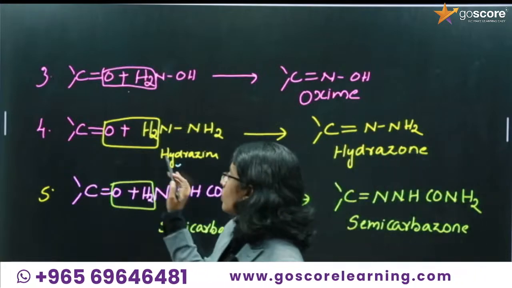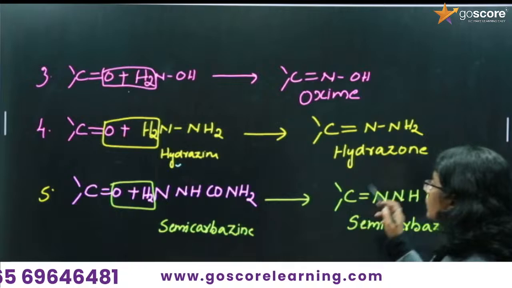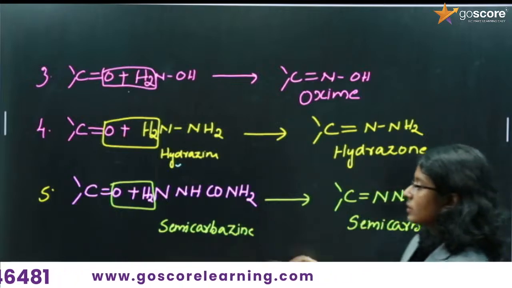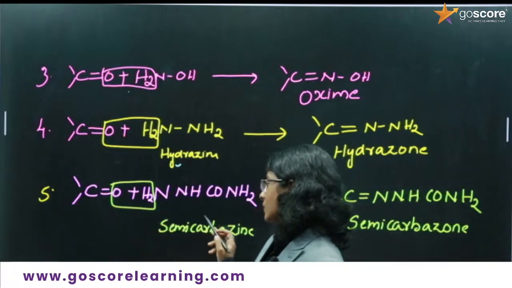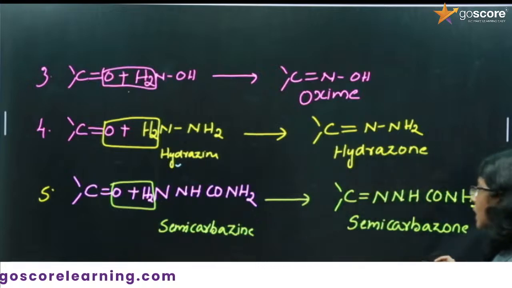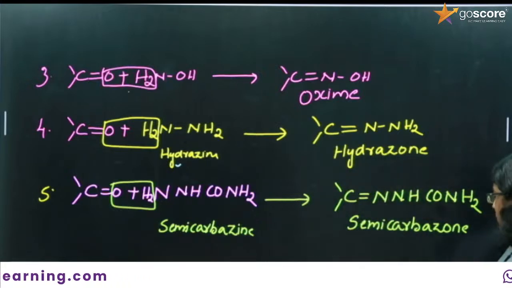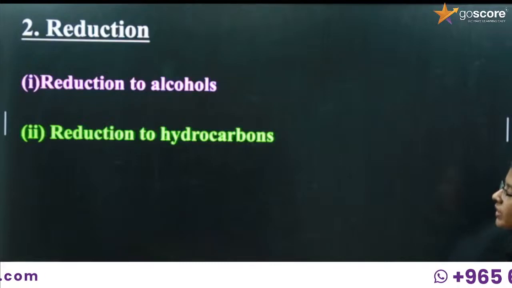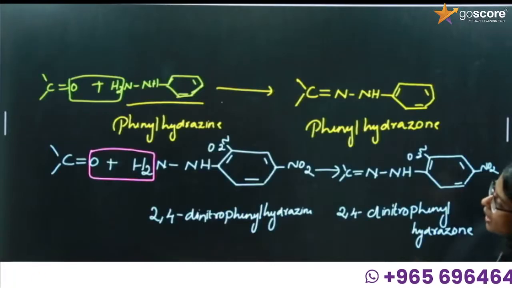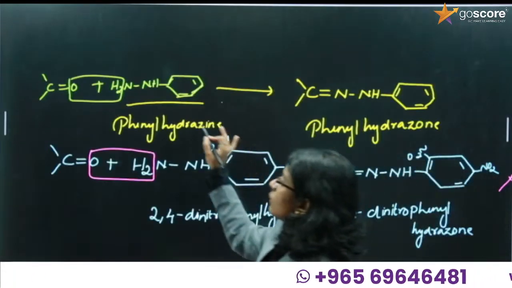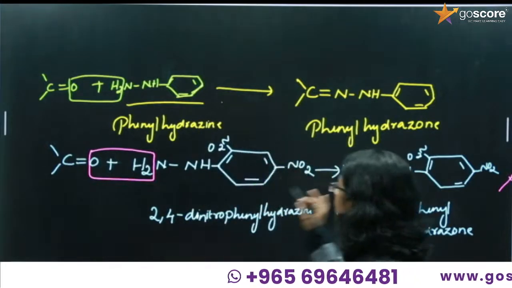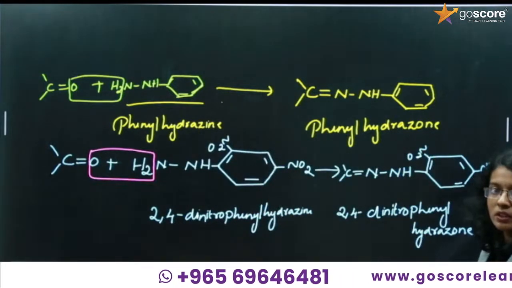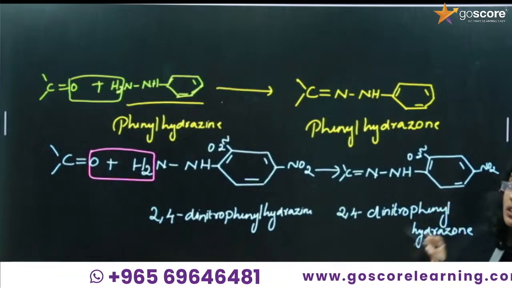With hydrazine, you will get hydrazone. With semicarbazide, you will get semicarbazone. Is it easy? Just eliminate the water molecule. You have to learn the reagent formula, and what you get, you have to learn the product name also.